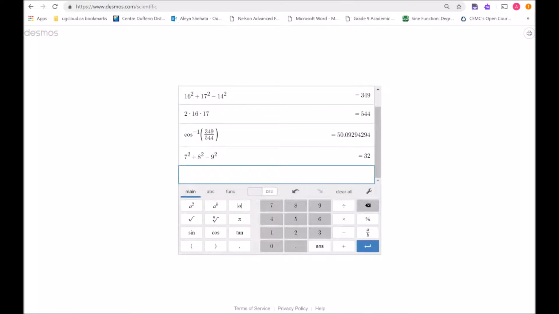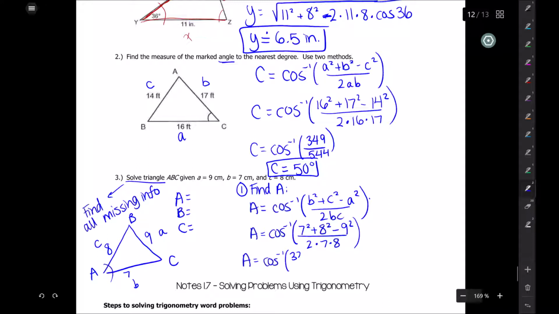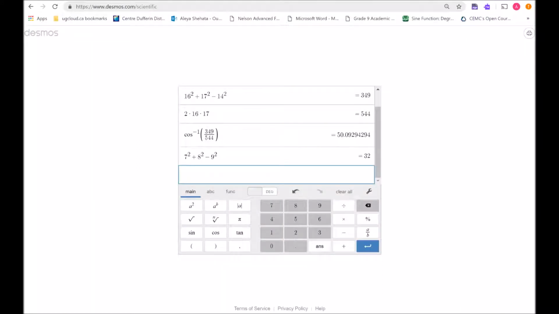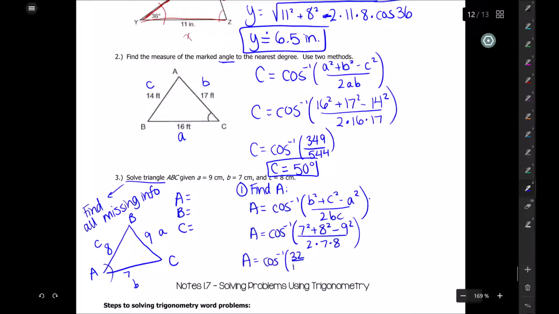In my denominator, 2 times 7 times 8, I end up getting 112. So here I'm going to have inverse cosine of 32 over 112.